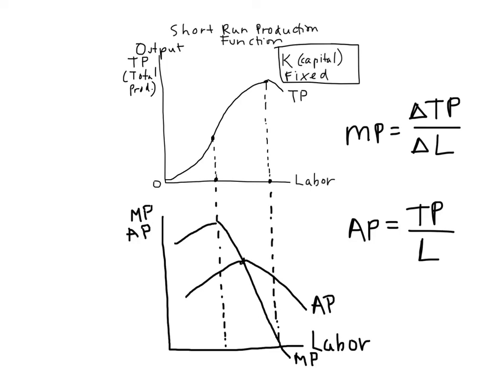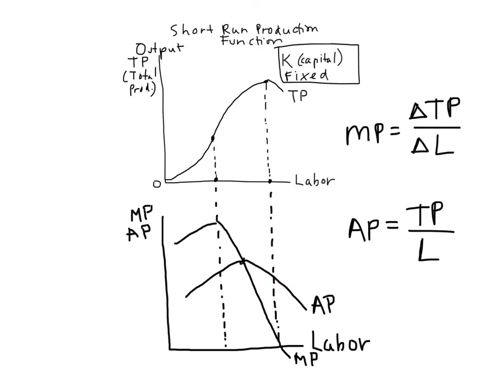Now let's look at the other half of this diagram. As long as the marginal product is below the average product, the average is falling. So I want you to really remember that principle. When the marginal is above the average, it pulls the average up. When the marginal is below the average, it pulls the average down.